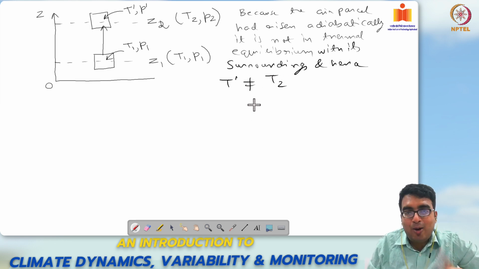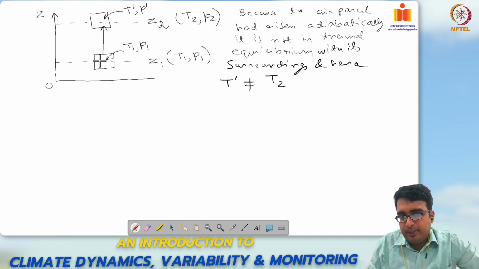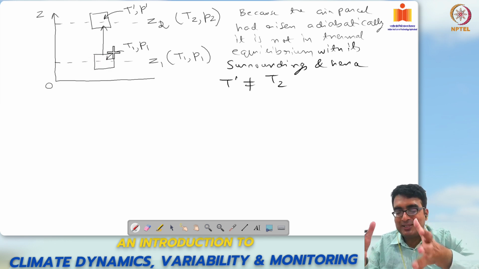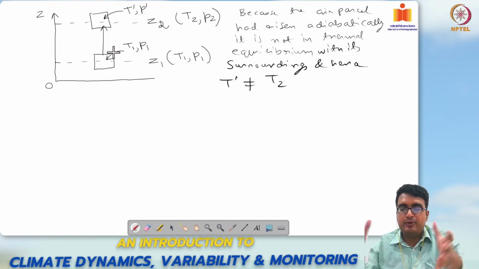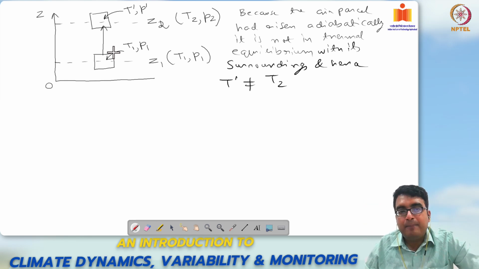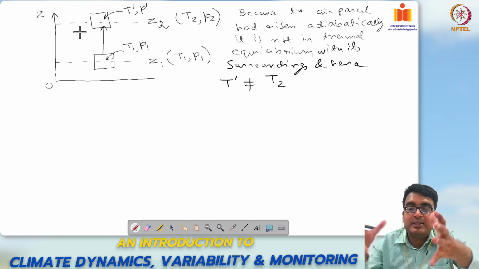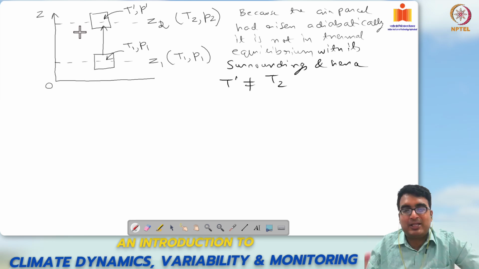However, in general, pressure equilibration happens much faster than thermal equilibration, because this parcel of air is just a parcel of air within the surrounding. As it moves up, it is always matching the pressure of the surroundings. If it is not matching the pressure of the surrounding, it will just expand or contract to match that pressure.